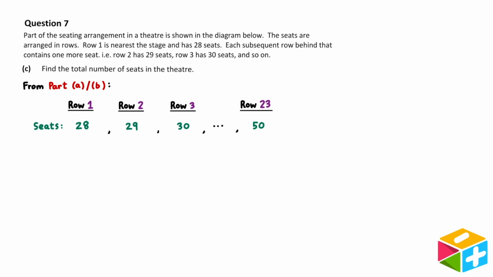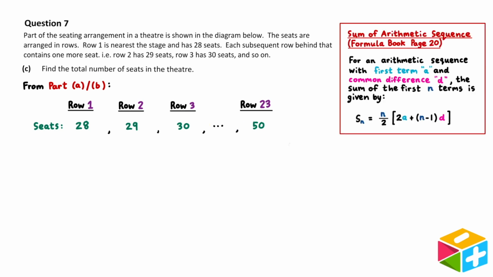One way to do this would be to use brute force by getting out our calculator and adding up all these numbers. 28 plus 29 plus 30 plus 31 plus 32, all the way up to 50. However, there's another cleaner approach which uses the result for the sum of an arithmetic sequence.